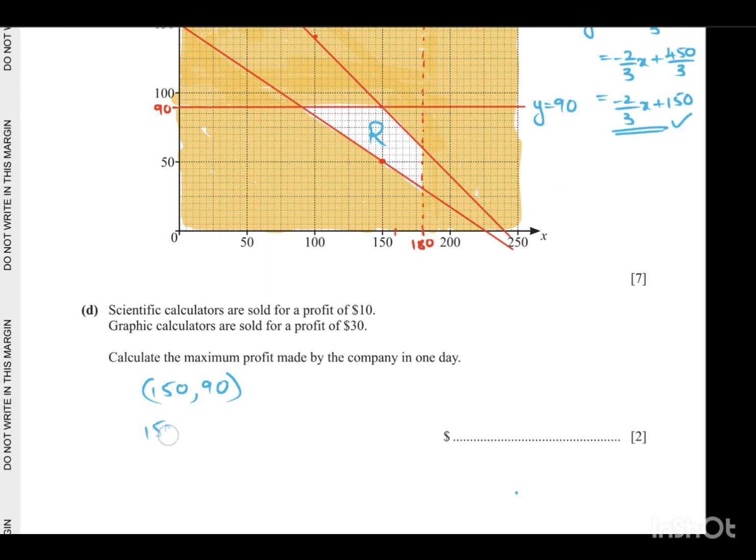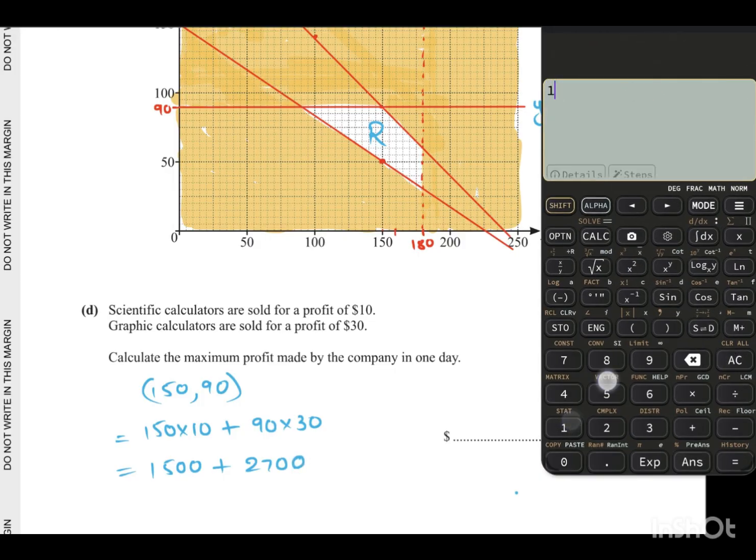So 150 into 10 plus number of graphic calculators are 90, 90 into 30. So 1500 plus 2700, which is $4,200.